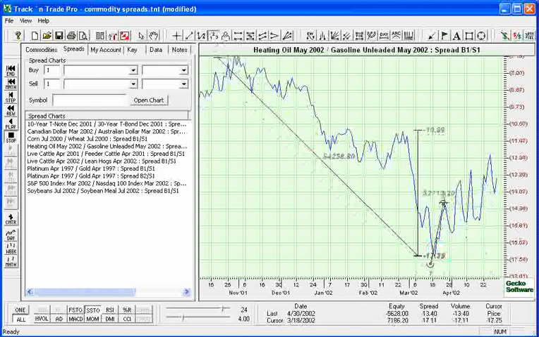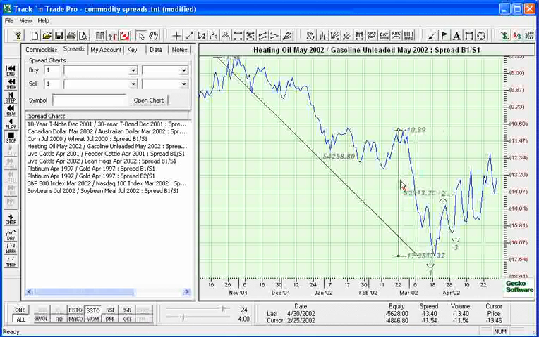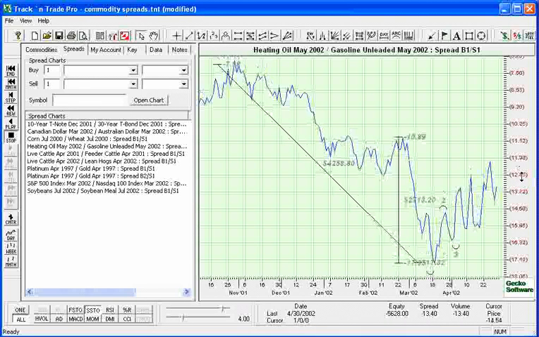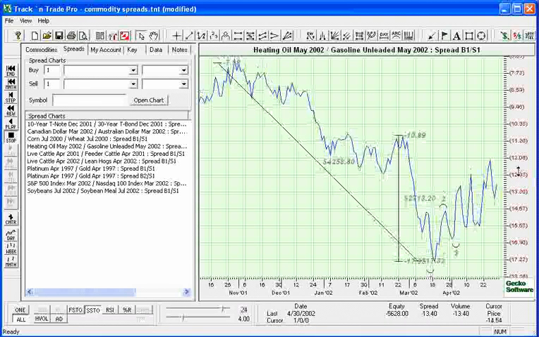But if you think about the heating oil unleaded spread, it makes a lot of sense to be kind of a seasonal spread, and perhaps one that you could look at irregardless of your thought on the direction of petroleum prices.